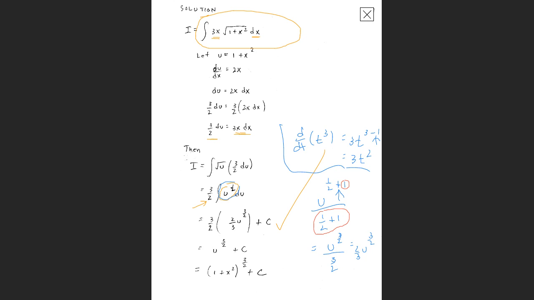The antiderivative: if you differentiate 2/3 times u to the 3 halves, and this is all being recorded, thank you, Mark.